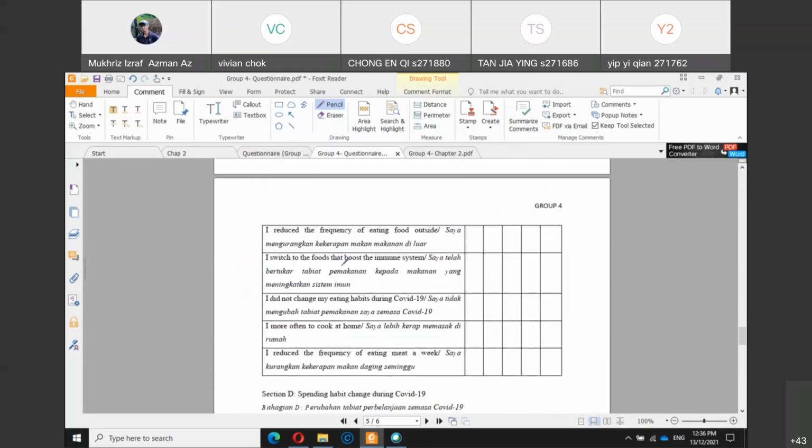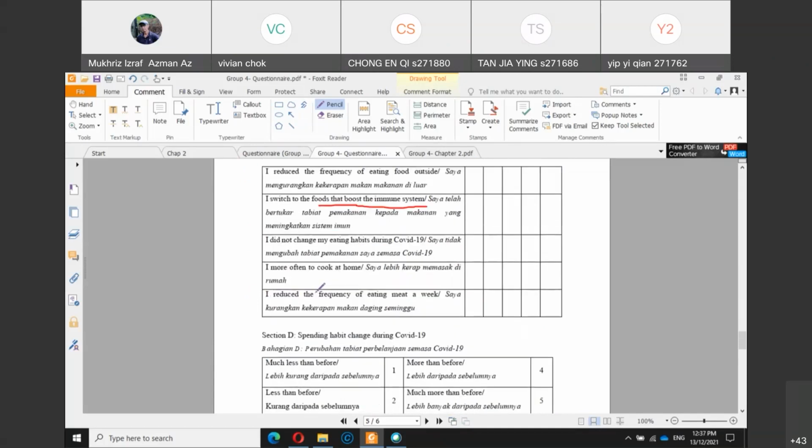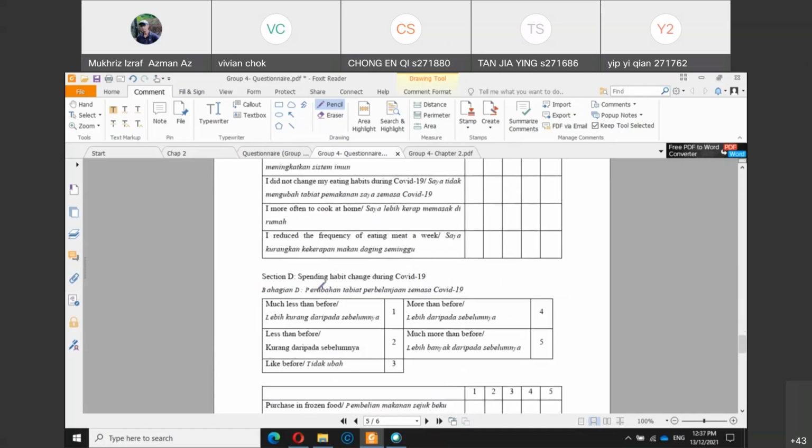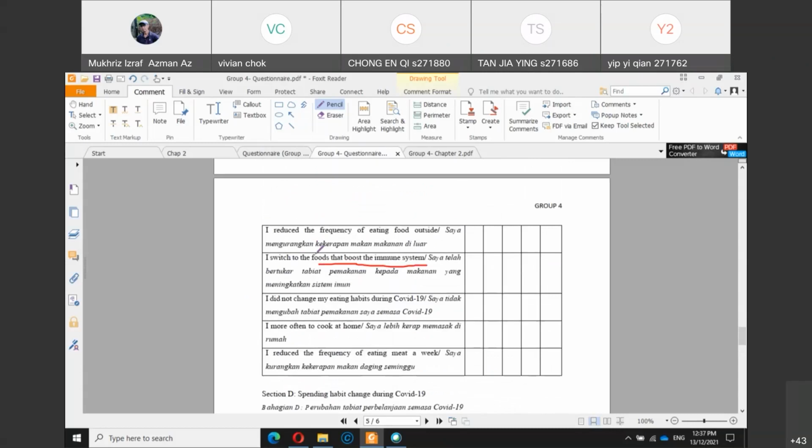This one, boost immune system, I also don't understand. What do you mean by boosting your immune system? What kind of foods boost the immune system? Not all food can boost the immune system. Did you all combine this one too, or make it yourselves? No, from the thesis.